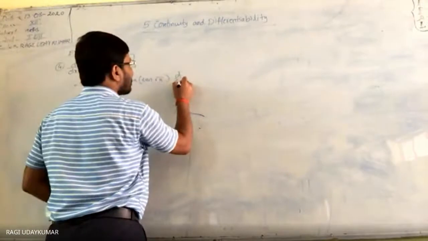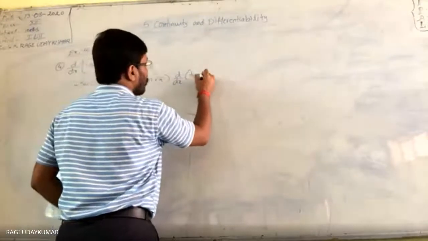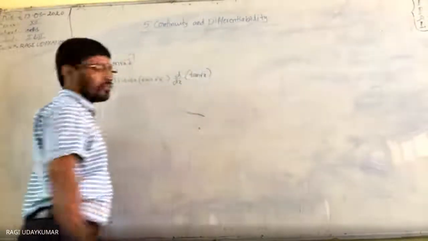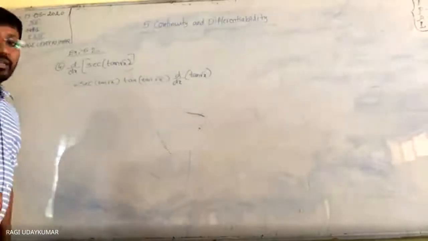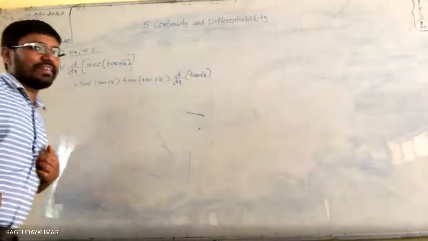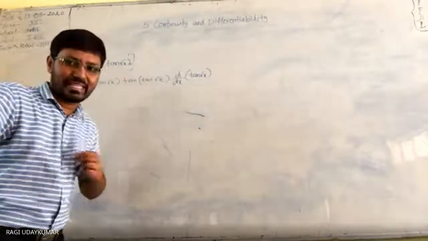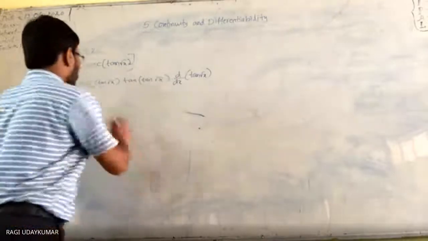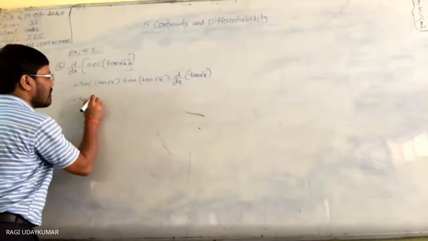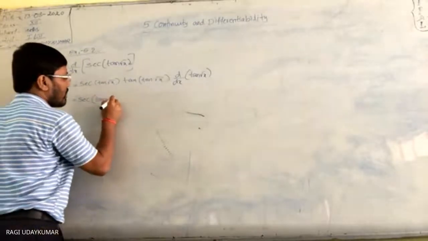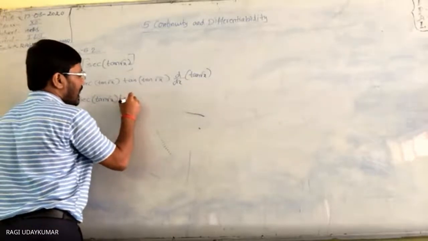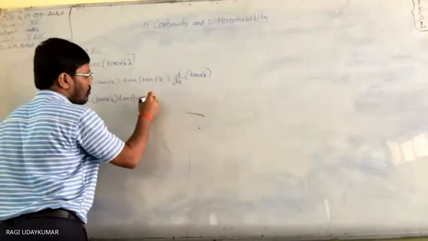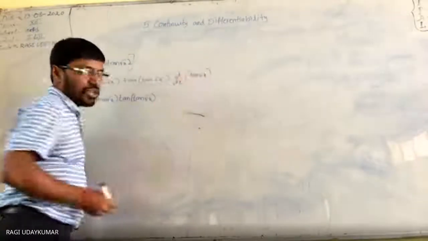d by dx of tan root x will be. Suppose individually tan root x is given to differentiate, what to do? Secant of tan root x and tan of tan root x, d by dx of tan root x.